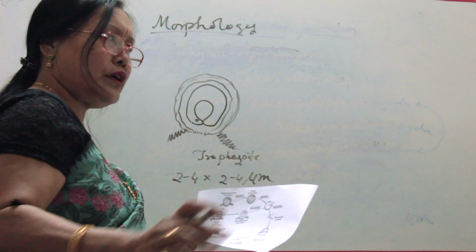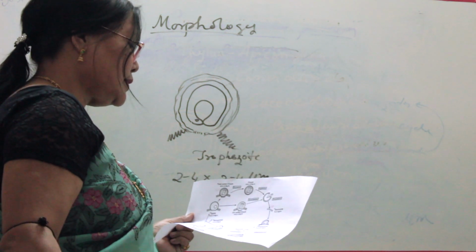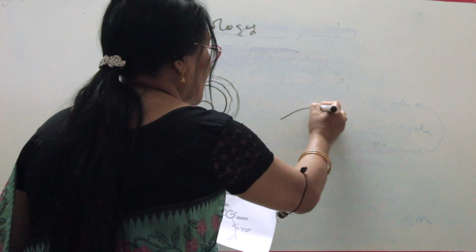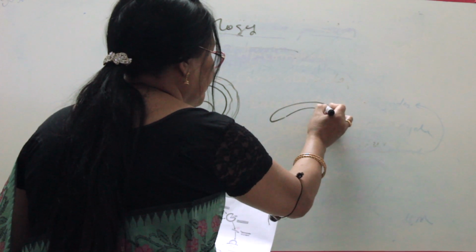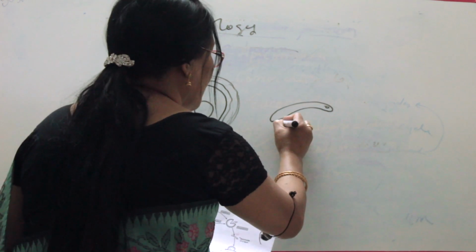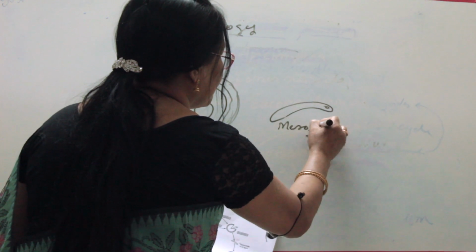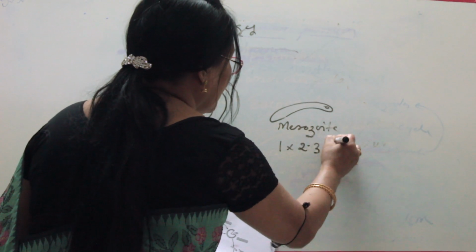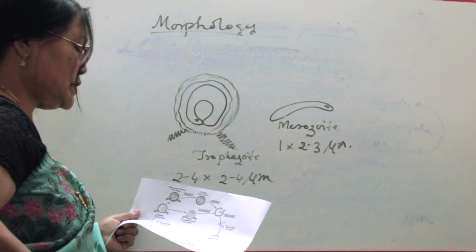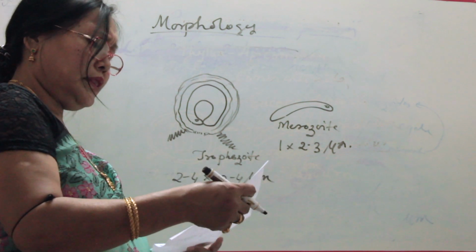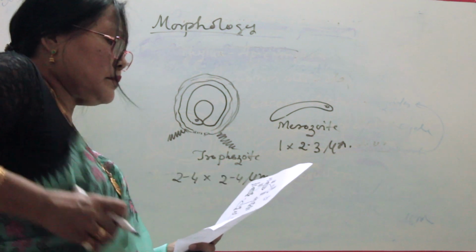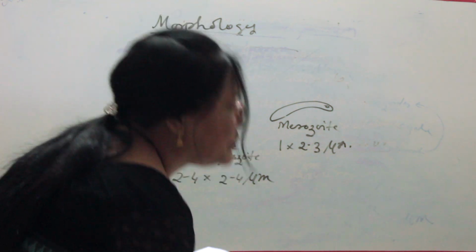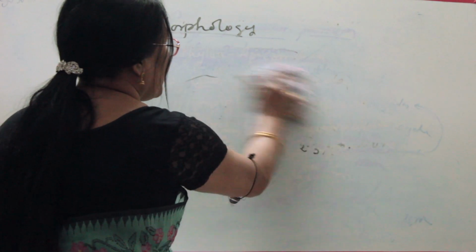From the trophozoite to the type 1 meront stage, one structure is developed, known as the merozoite, which is again elongated in structure, with a diameter of 1 by 2.3 micrometers. This is about the asexual cycle of this protozoan parasite.